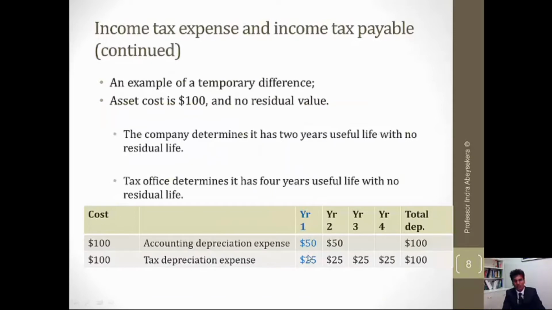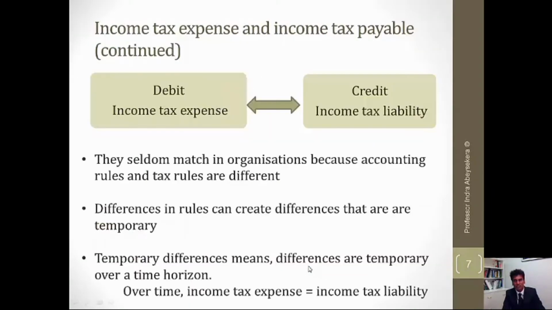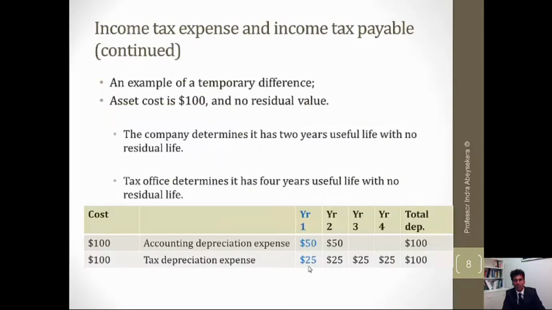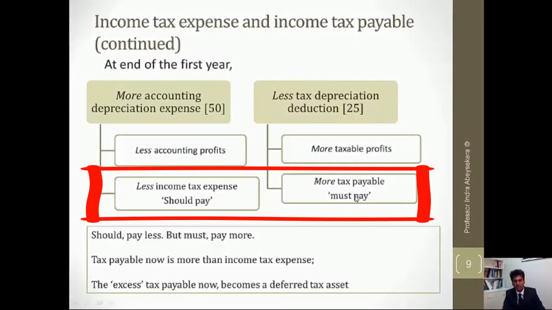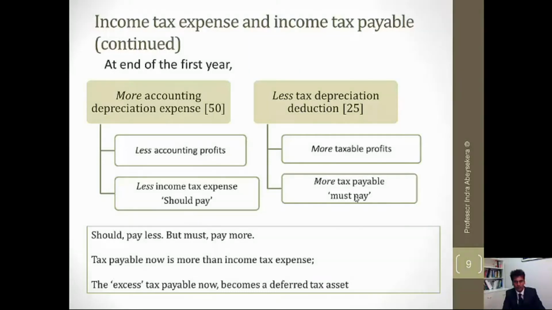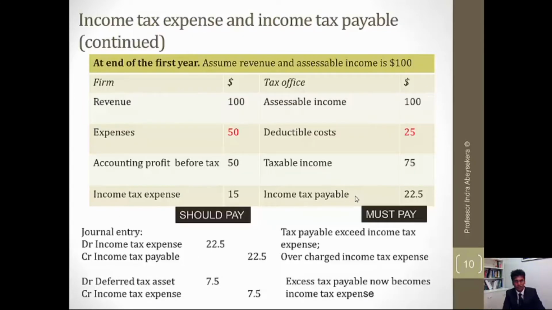But for the tax office, because of their different rules, there are fewer expenses, more taxable income and more tax to be paid. Must pay does not equal should pay. There's a difference.